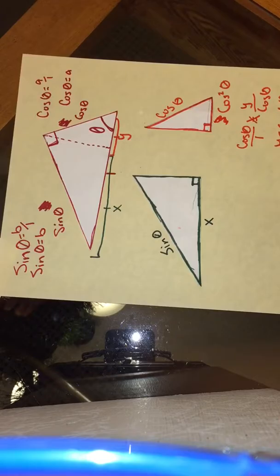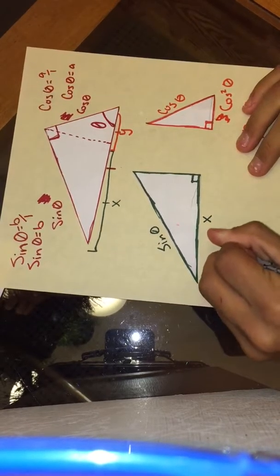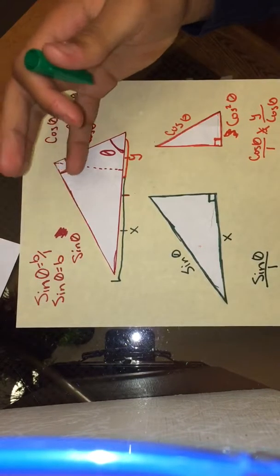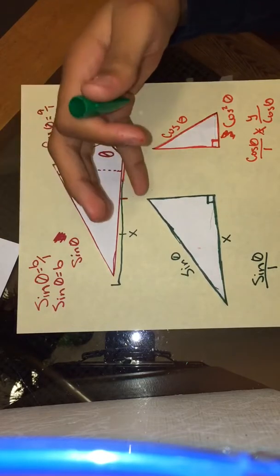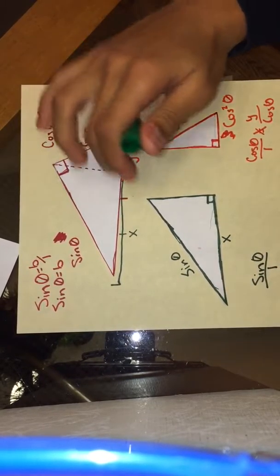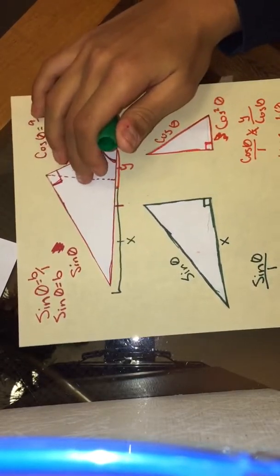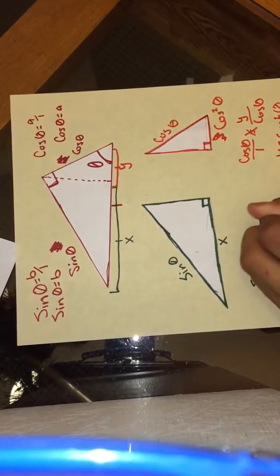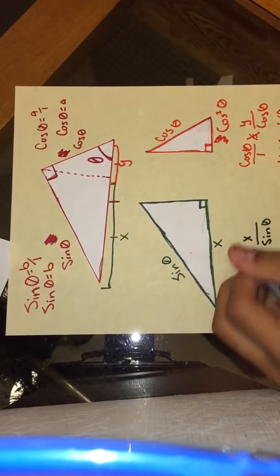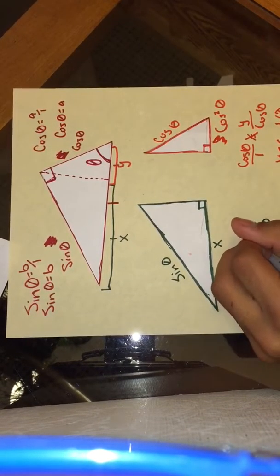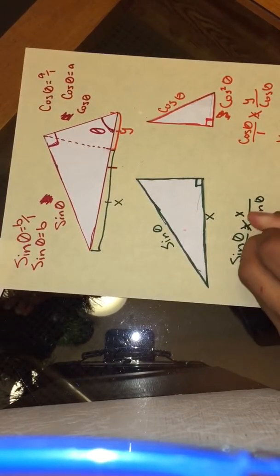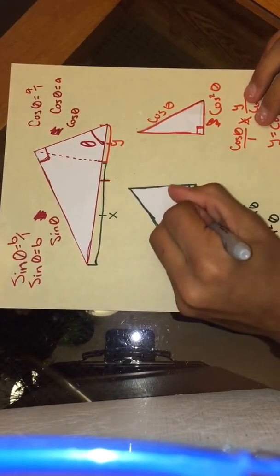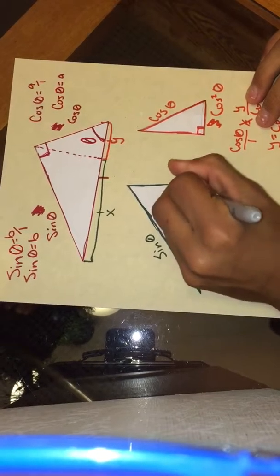So now we're going to make a proportion for this one, which is sine of theta over 1, which is the original, the opposite side over the hypotenuse, which is this right here, equals the green triangle, X over sine of theta. So same thing as the orange triangle. You cross multiply, X equals sine squared theta. So now you found X, which is sine squared theta.